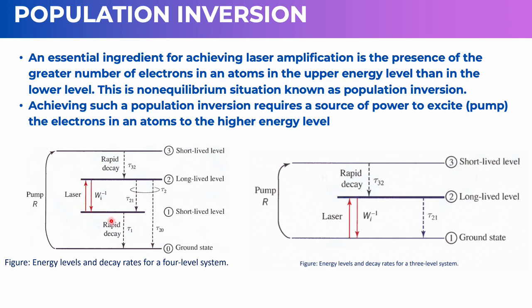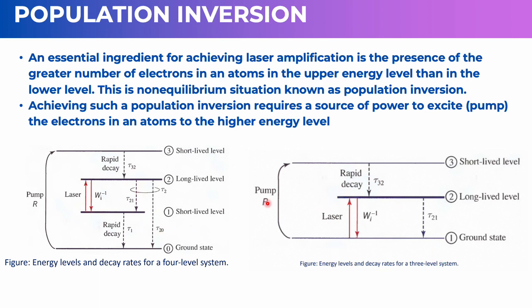Then there is also a short-lived state between the ground and the excited state, and the laser transition happens between these two states. This is where the electron loses energy and emits the photon, and as soon as it reaches this short-lived level, it rapidly decays again to the ground state. So these are two intermediate states which are short-lived, but they help in facilitating the laser transition.